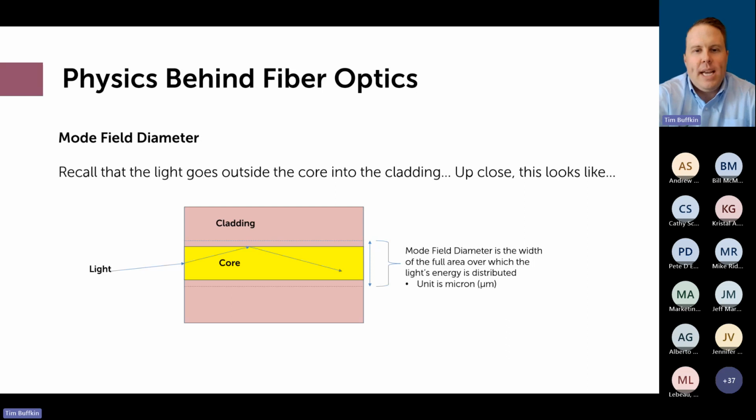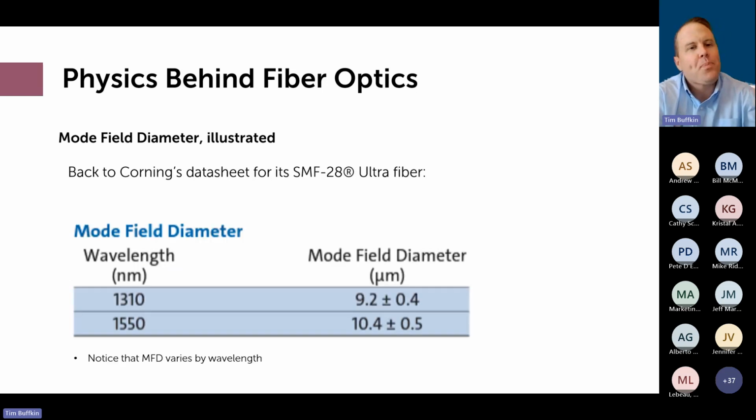With the mode field diameter, we look at the diameter of the core, and then we add that little extra bit of cladding. So the mode field diameter is the full width of the area in which the light energy is distributed, and like fibers in general, it gets measured in microns. If we go back to Corning's data sheet for the SMF28 Ultra, it shows the mode field diameter at different wavelengths.